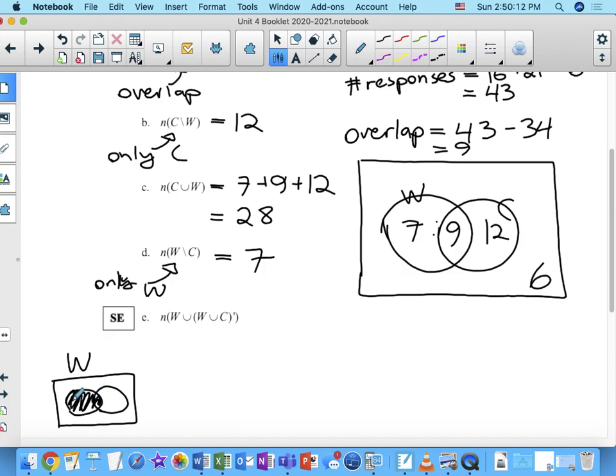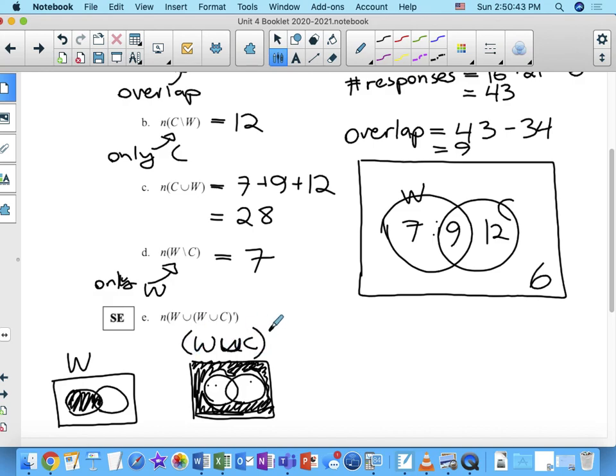And if I look at W union C complement, W union C means I'm joining these two sets together. But if I take the complement, I'm at the outside. So that's this part. There we go, that's W union C. Now, sorry, W union C, then the complement, because I'm going on the outside of W union C.